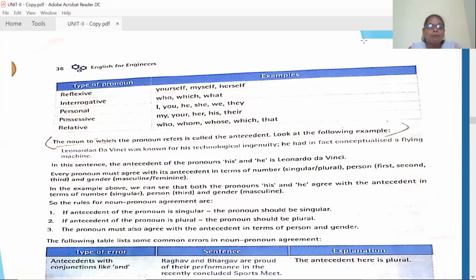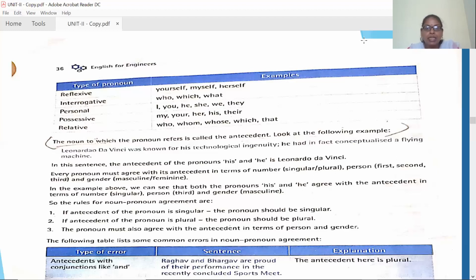Now let us see a few agreement rules between noun and pronoun. Every pronoun must agree with its antecedent. Whatever the type of pronoun, demonstrative, reflexive, interrogative, personal, possessive, or relative, it should agree with its antecedent, meaning its noun, in terms of number.